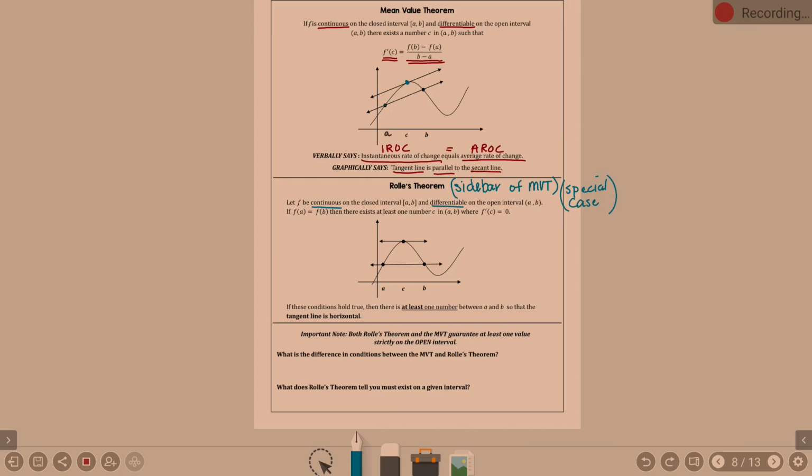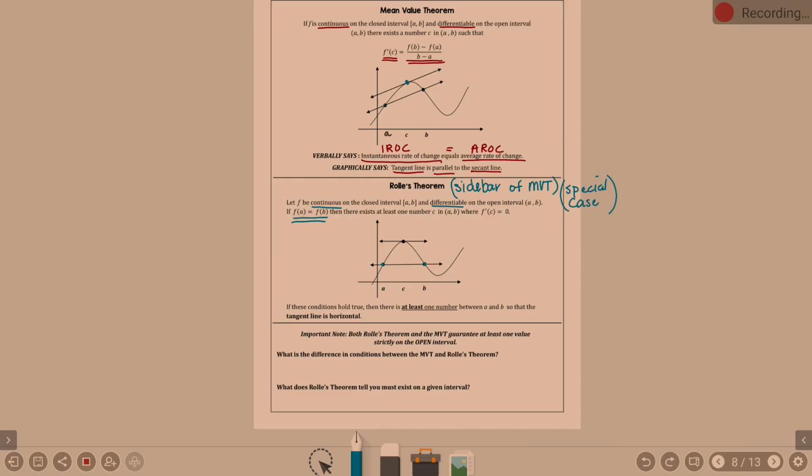Here's the special case. If f of A equals f of B, what do we mean f of A equals f of B? The endpoints of that line are the same, which means it's creating a horizontal secant line.